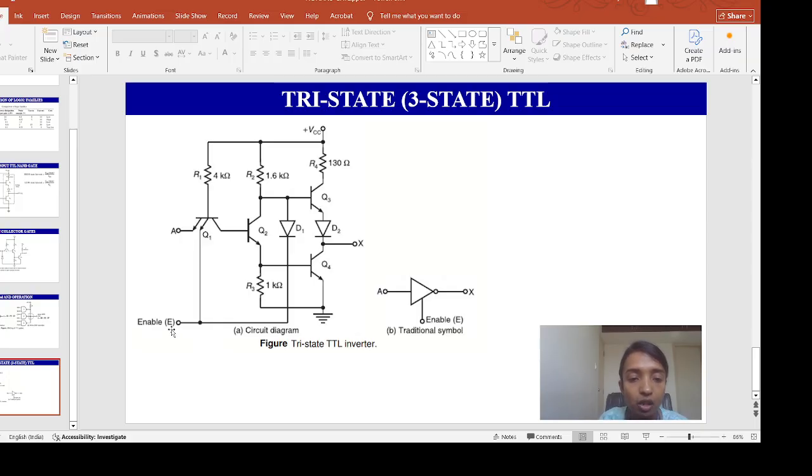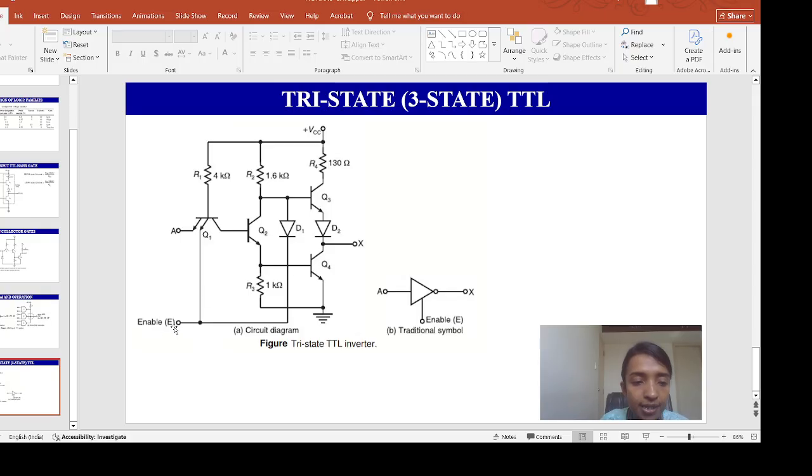Now, because we have applied 0 at E, the low at E will forward bias the emitter base junction of transistor Q1, and it will shunt the current from R1 away from transistor Q2 so that Q2 is turned off. If Q2 is turned off, then Q4 will be turned off, because the emitter of Q2 is connected to the base of Q4.